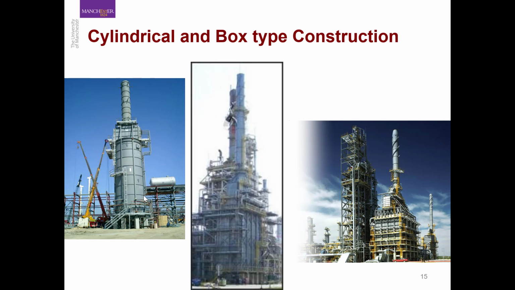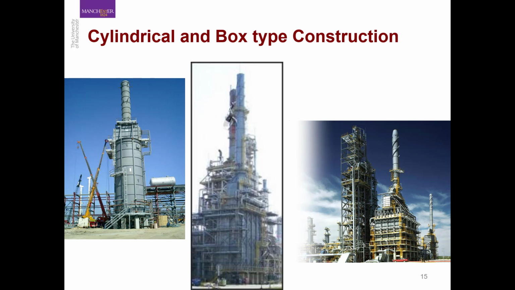In the case of cylindrical furnaces, mostly we use them for smaller processes where we don't have very huge heat duties. But because we have a cylindrical system, you can imagine that you will have a much more uniform distribution of heat. Okay, while in the case of box type furnaces, because we have a square or rectangular arrangement, there might be some sections that are getting more heat from the flame compared to other sections.